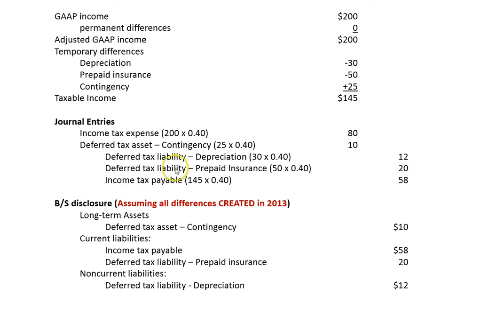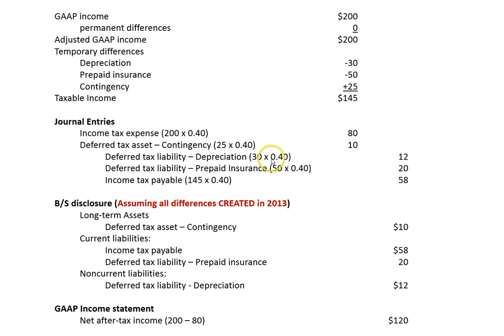Income tax payable, we've talked about numerous times, is going to be a current liability. The prepaid insurance, whether that is considered a current liability, the depreciation, whether that's considered a current or non-current liability, and the contingency, whether that's considered a current or non-current asset, is a function of when do we believe that deferral is going to turn itself around.